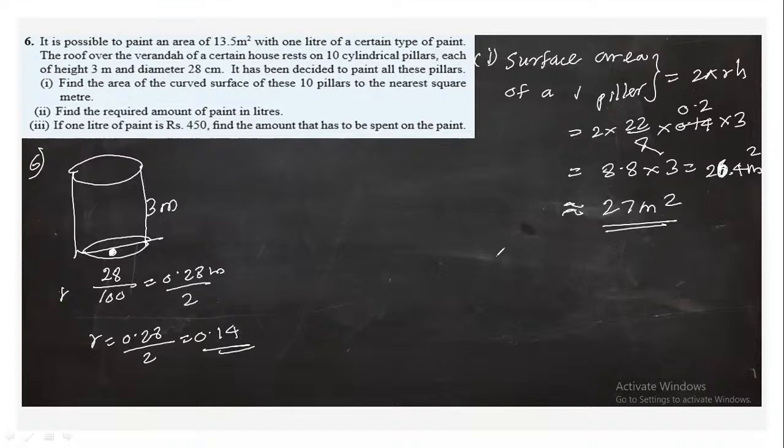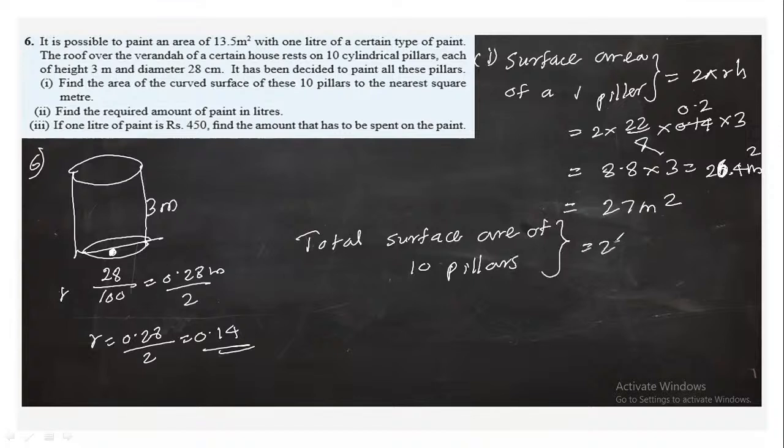Then find the required amount of paint. That was only one pillar. Then for 10 pillars, total surface area, 270 square meter.